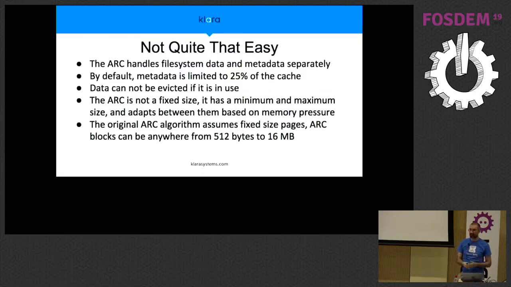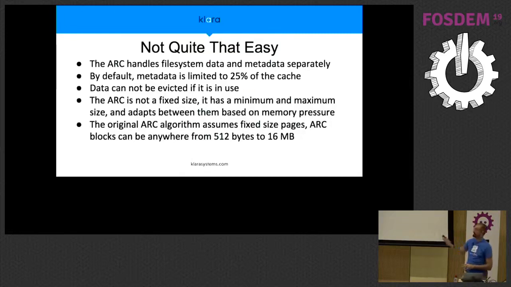If someone's reading the data out of the ARC right now, or has locked the buffer, then we can't go free that one just because it's the oldest on the list. So the algorithm in ZFS had to be a bit smarter to deal with the fact that some blocks will be in use, and we will not be able to evict those ones, and we'll have to evict the third least frequently used file, because the other two are still in use.